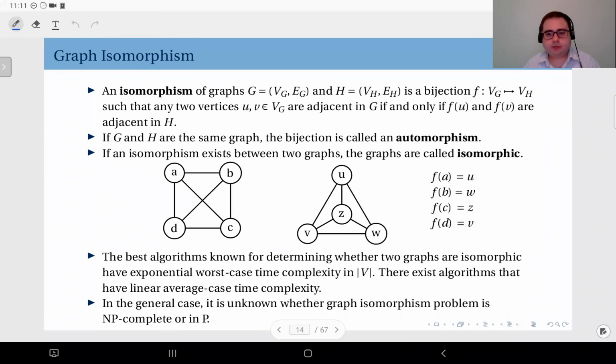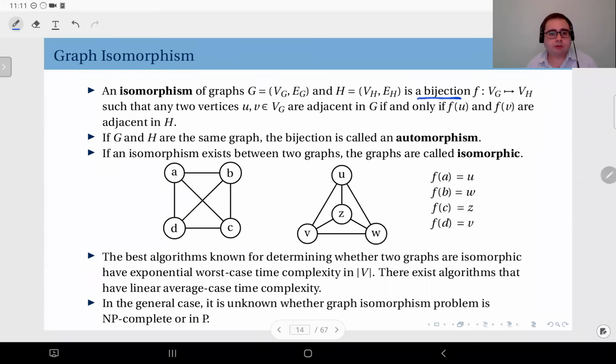Next, we talk about a very important concept in graph theory, namely graph isomorphism. An isomorphism of two graphs G and H with this set of vertices and edges is a bijection.